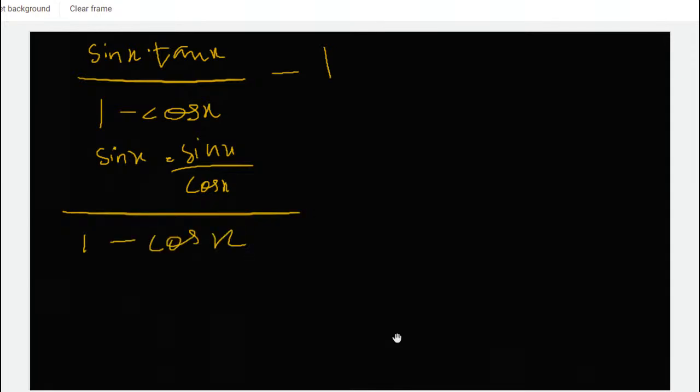Okay, just hold on. So the final answer that I need is sec x, right? So I need 1 over cos x. Right now I see this cos x having the potential of becoming 1 over cos x. So I'll put this at one side and all else I'll try to solve out.